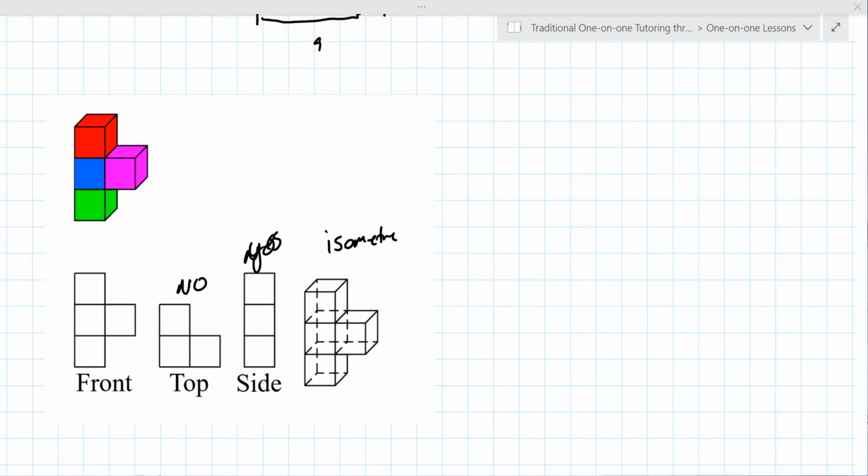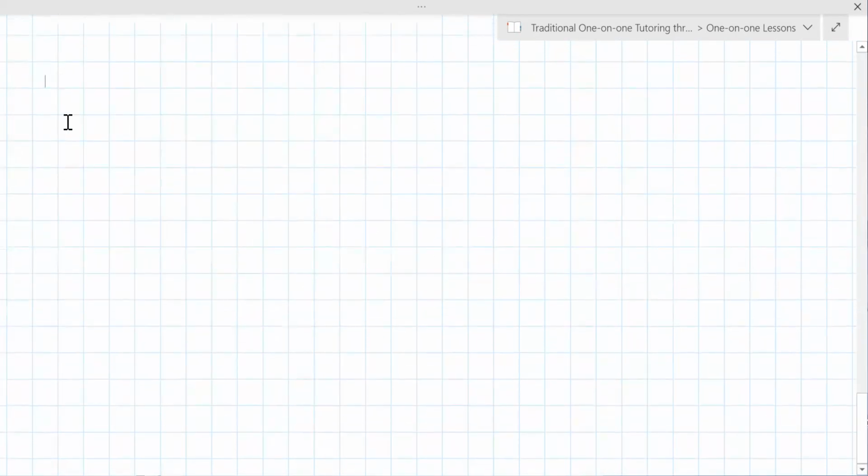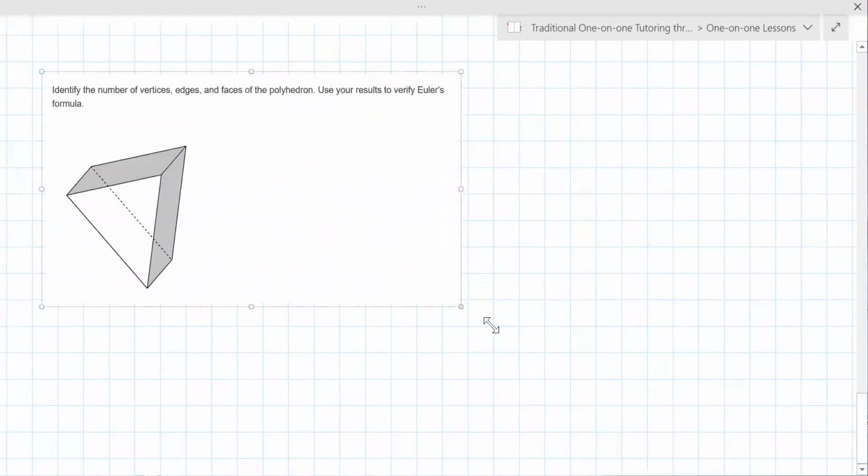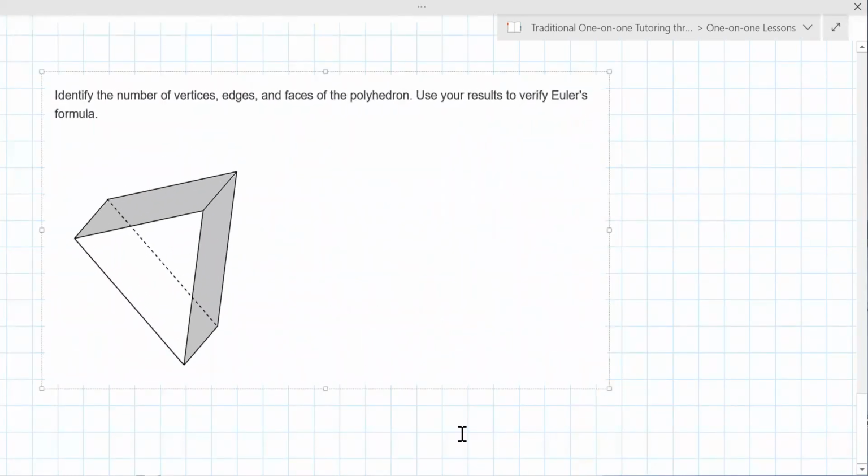All right, so here, I know this is not easy because you can't touch it, but we've got to identify the number of vertices, edges, and faces.